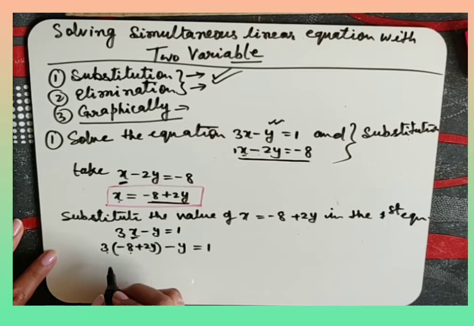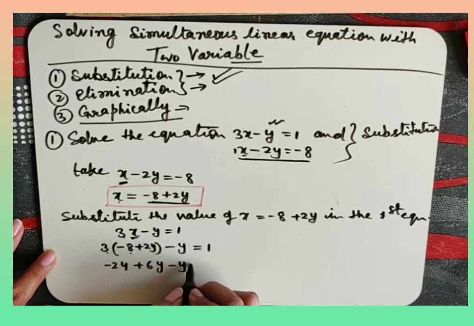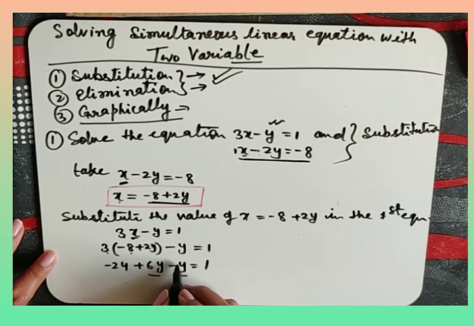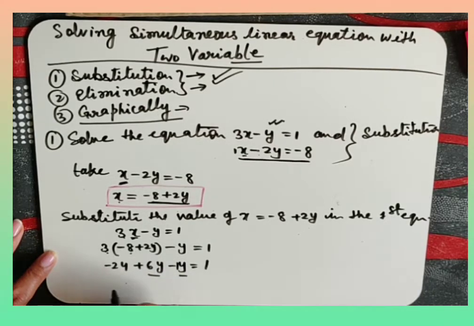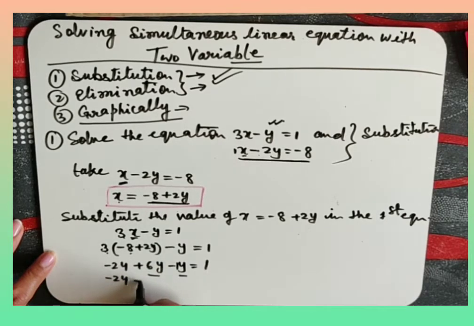Now multiply and open the bracket. 3 multiplied by minus 8 will give you minus 24 plus 6y, this minus y equal to 1. Now this is y, and this is y, like terms, y means minus 1y. So plus 6y minus 1y will give you plus 5y, so minus 24 plus 5y equal to 1.